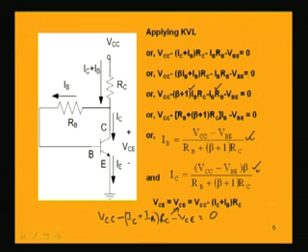So, intuitively we can see that in the denominator of this IC expression we are having RB plus (beta plus 1) RC.